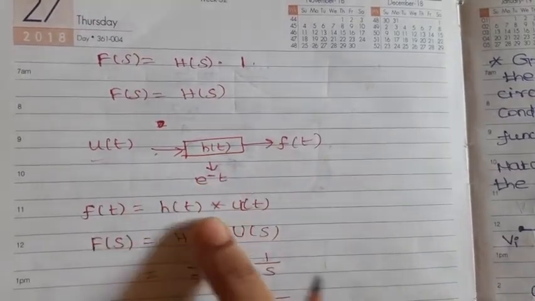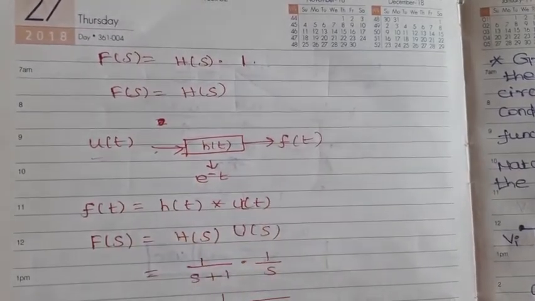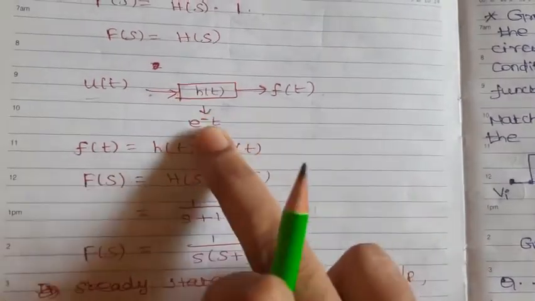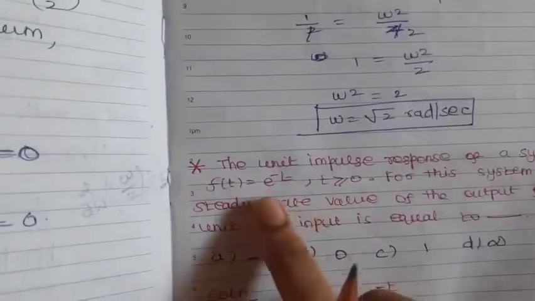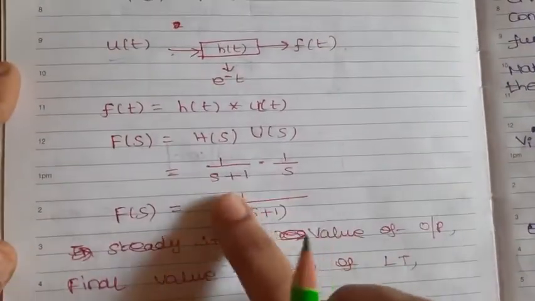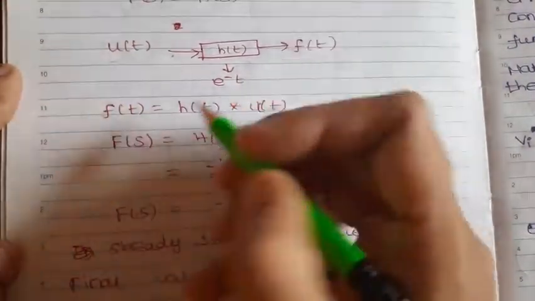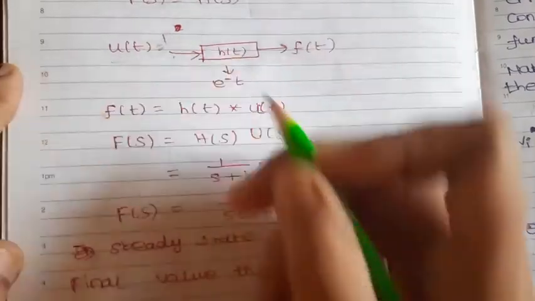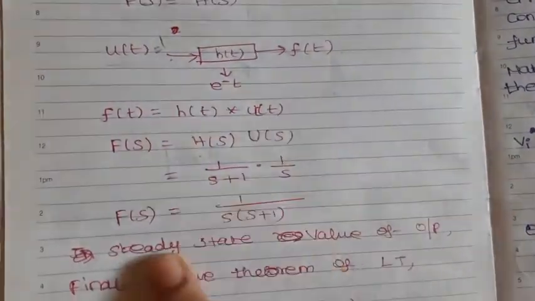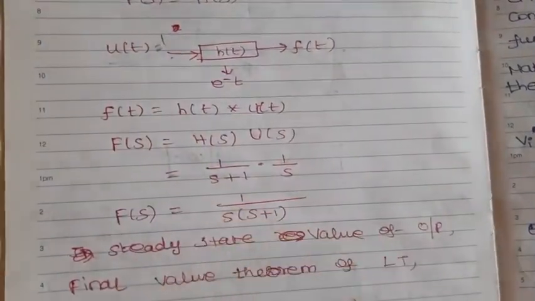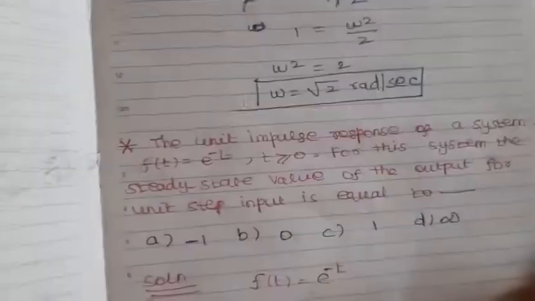In the s domain, it's just a multiplication, h of s into u of s. So h of t is given as e power minus t, right? So what is h of s? 1 by s plus 1. u of t is equal to 1. What is the Laplace transform of that? 1 by s. So f of s is 1 by s into (s plus 1). So what do we need to find out actually?